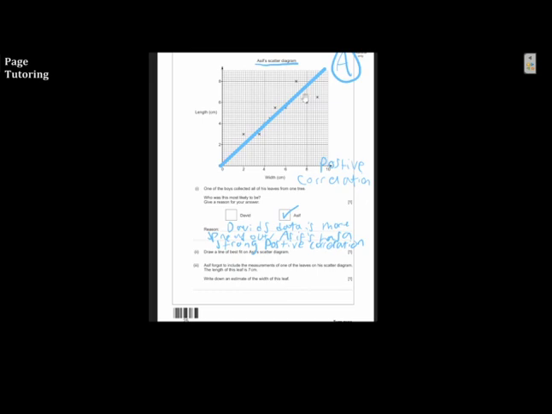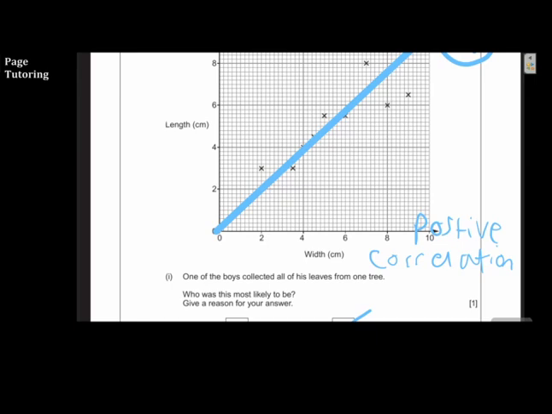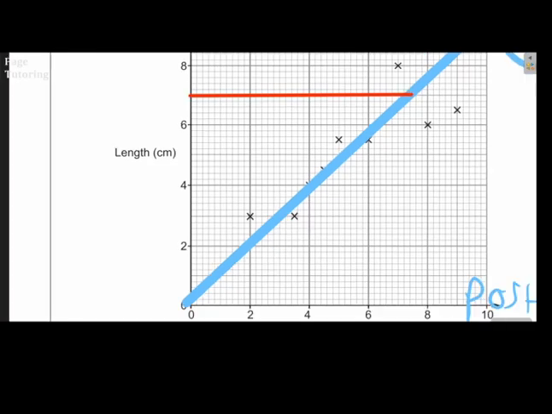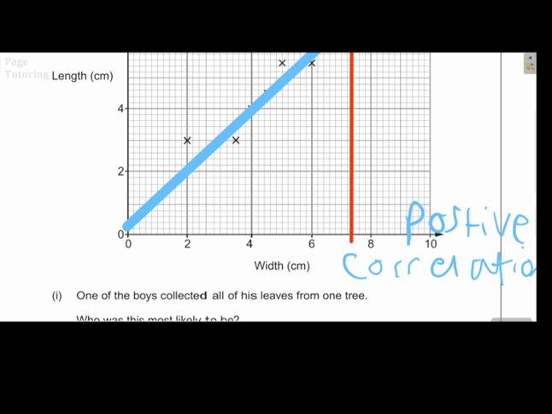Well, now that we've got our line of best fit, if we switch colors, and we know that its length is 7 centimeters, if we look across from the length of 7 centimeters until we hit our line, and then we follow that down to the x-axis, and then we look at our grid, exactly halfway between 6 and 8, so that's 1, 2, 3, 4, 5, that would be 7, and we have 1, 2, so 2 little cubes over, so that would be 7.4.